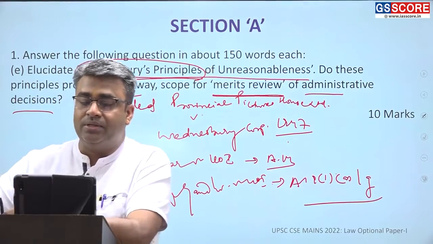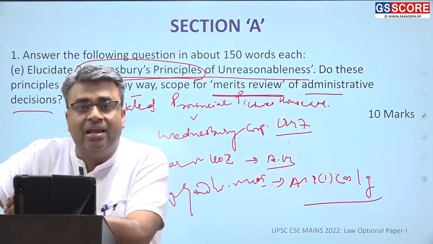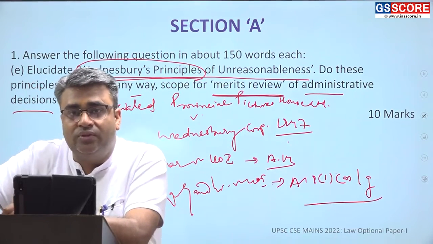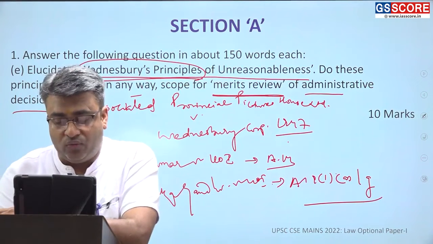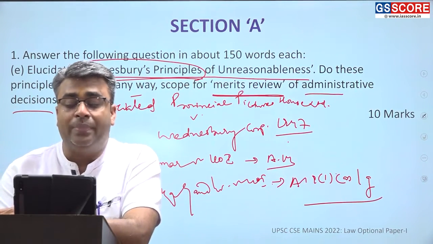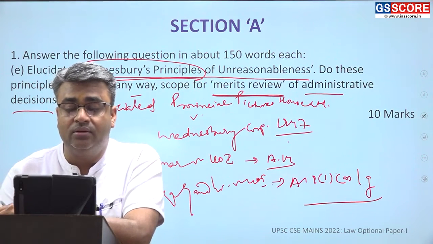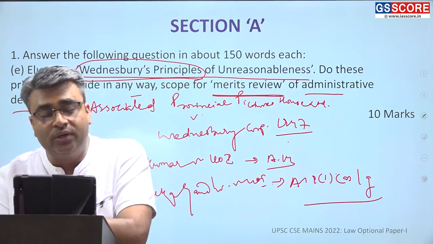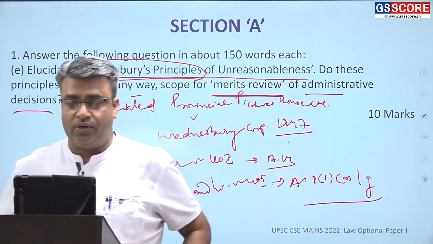This principle simply says the actions of the administrative authorities can be challenged on the basis of reasonableness. So the point is, what is reasonableness actually? Basically, the concept of reasonableness has been decided by the court in many cases. So I will have a discussion with you about those cases.